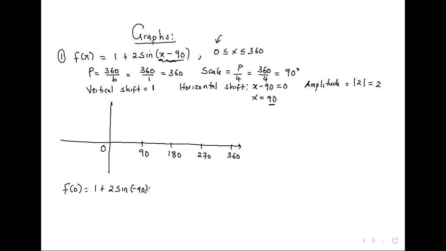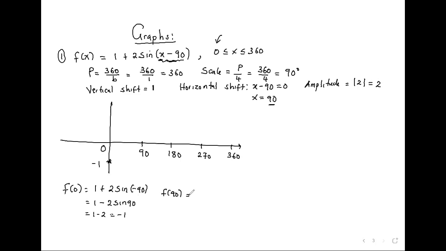Now remember what sine does. If there's a negative, sine will pull the negative out. Yeah, it remains positive. Sine 90 is 1. So we'll have 1 minus 2, which is negative 1. So yes, this is negative 1.